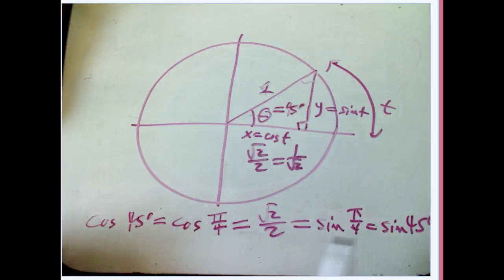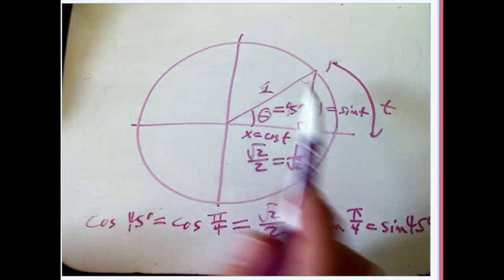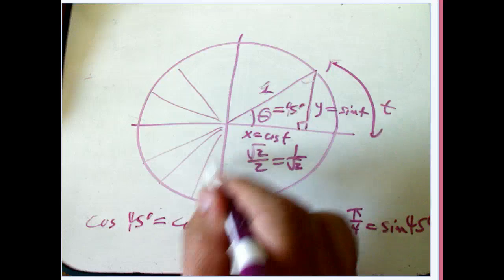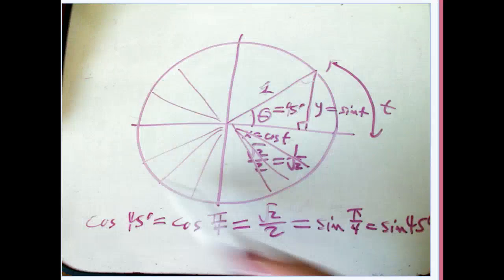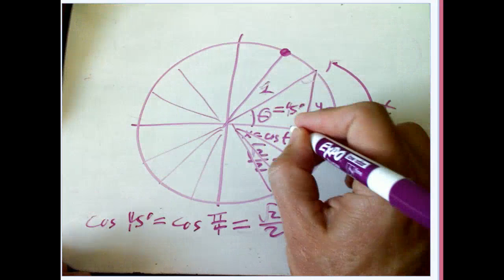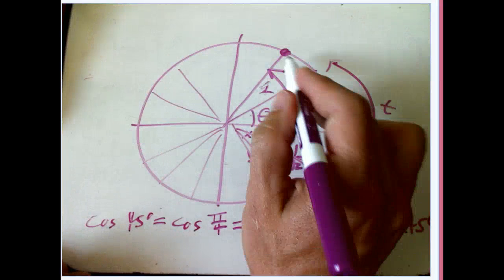In the book, they have lots more examples of going all the way around the unit circle and figuring out, for especially special angles, what the sine and cosine are. But in principle, no matter how far around you are, we could get the x and y coordinate.